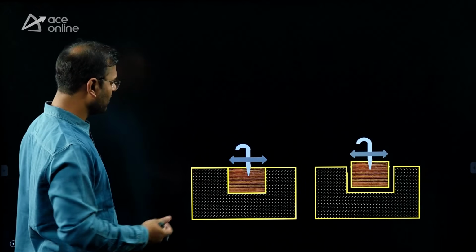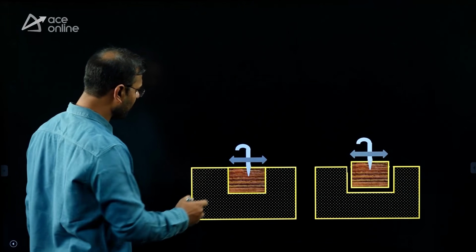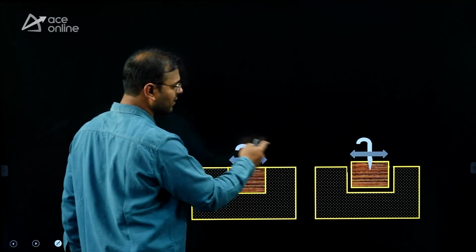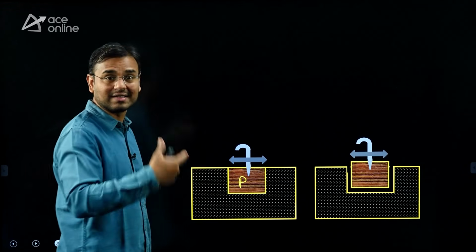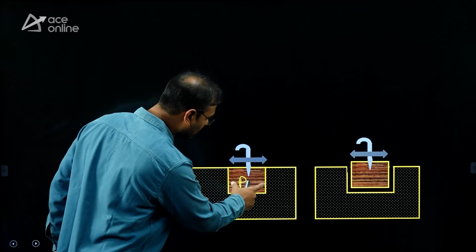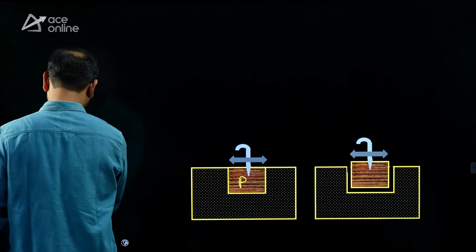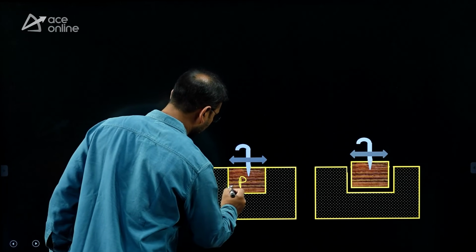You can see here the shake allowance. By shaking the pattern, we are removing it, and if we are doing the shaking, the size of the mold cavity is going to increase. Consider that the size is 10.